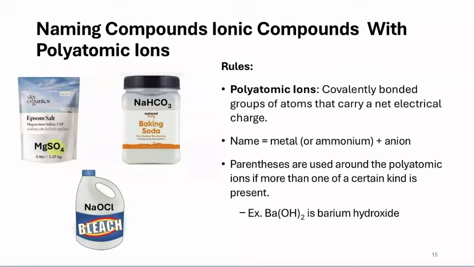The chemical formula for the compound in baking soda is NaHCO3. The polyatomic ion is HCO3. Lastly, in bleach, the main component is NaOCl. The polyatomic ion specifically is this OCl.